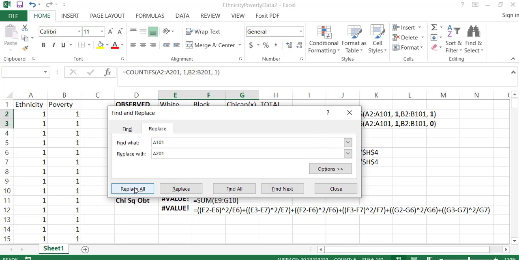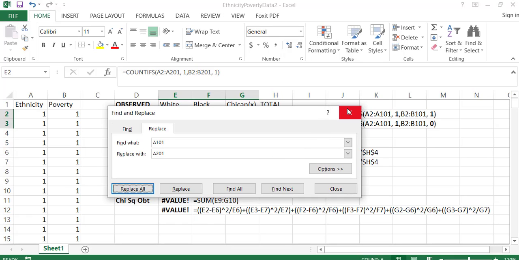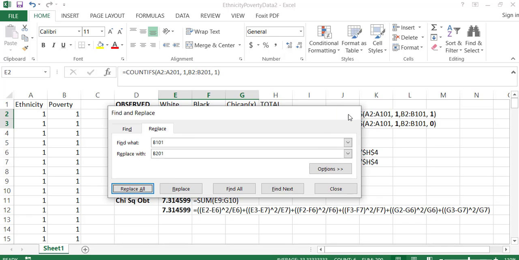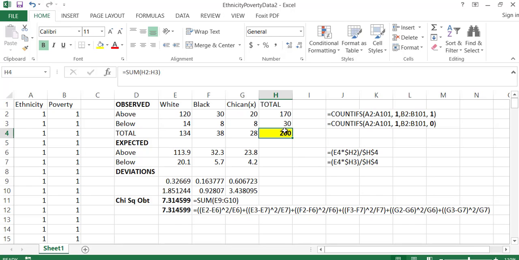I should see 3 replacements because I've already changed most of them. Same thing for B. So I want B101 to be B201. Again, 3 replacements. And now I do see that I have my 200 people represented.